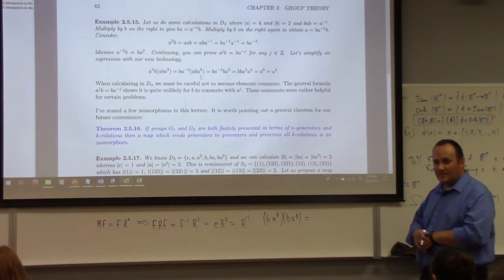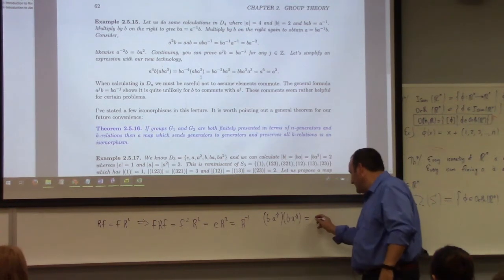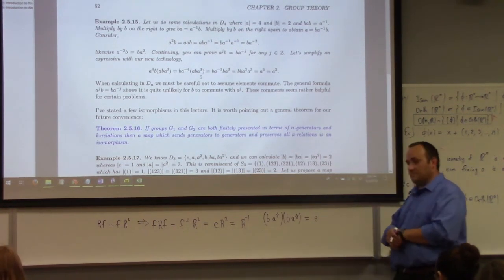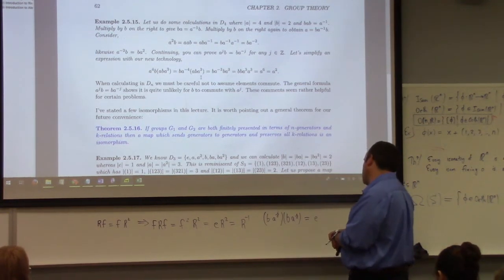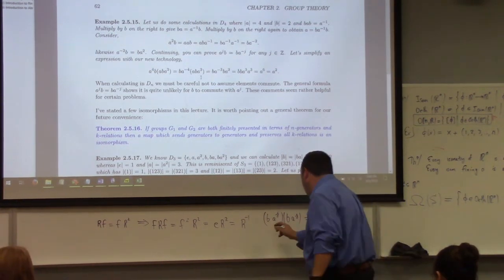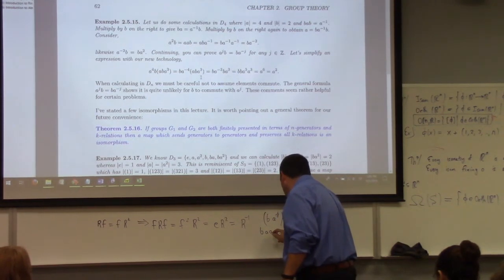So what I'm saying is that these elements behave just like B itself, or just like F itself. My claim is that you can prove that this is actually equal to E. Here's an engineer's proof of it, if you don't mind.